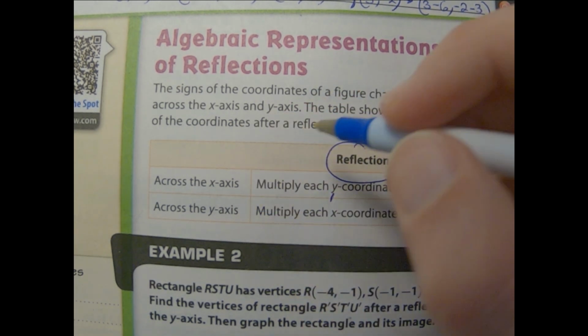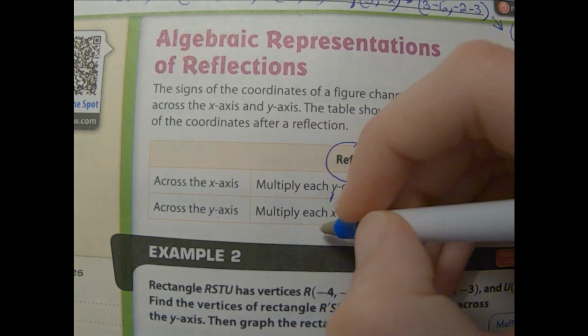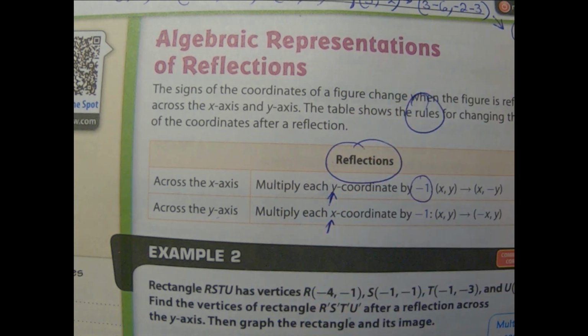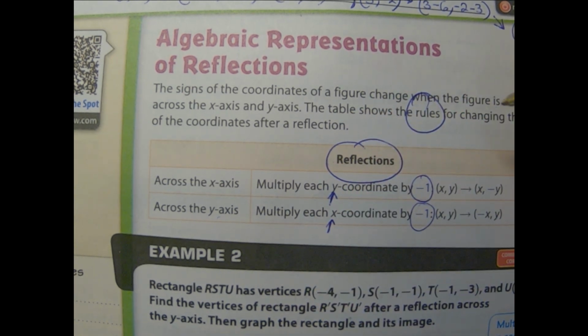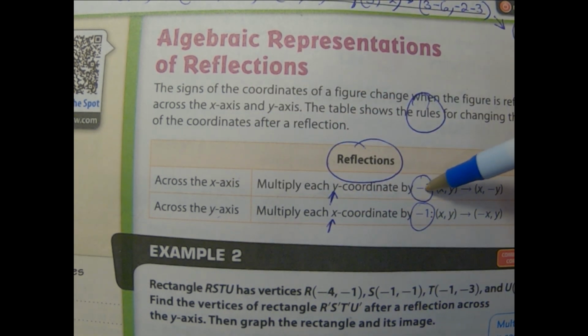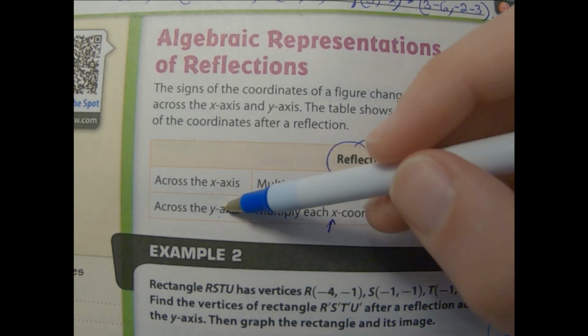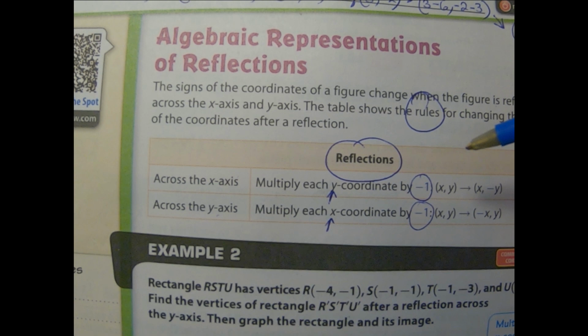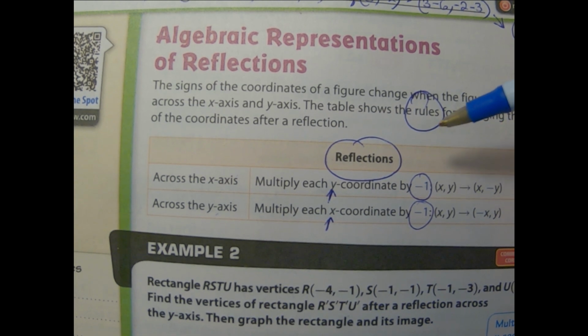And if I want to reflect across the y-axis, I am going to multiply each x coordinate by -1. So I'm basically doing the opposite. Reflect across the x-axis, multiply all your y's by -1. Reflect across the y-axis, multiply all your x's by -1. So basically you're just flipping based on the axis.